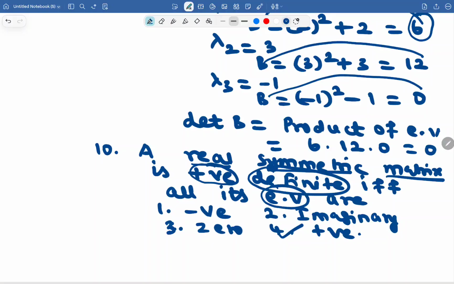The problem number 10: a real symmetric matrix is positive definite if and only if all its eigenvalues are positive. This is straight away from the definition of positive definite. A real symmetric matrix is said to be positive definite if all its eigenvalues are positive. Direct result, direct definition of positive definite.